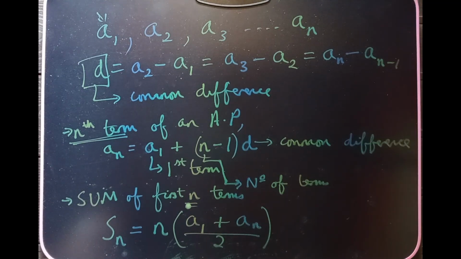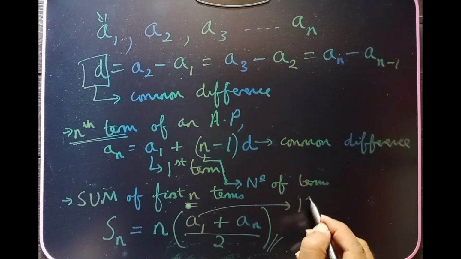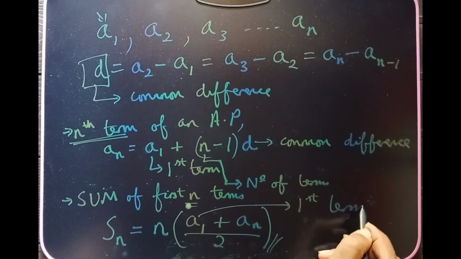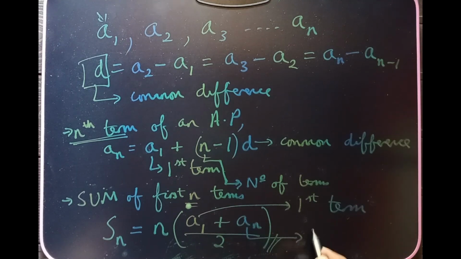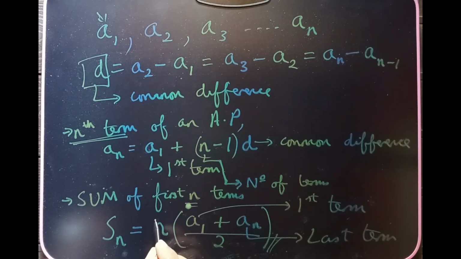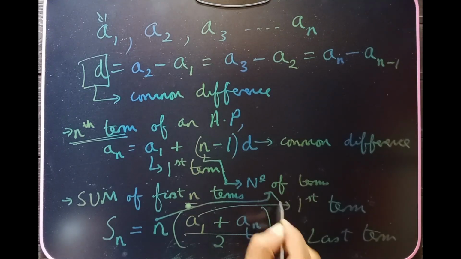This is one of the easiest ways to remember. This is the first term, this is the last term, and n is the number of terms.